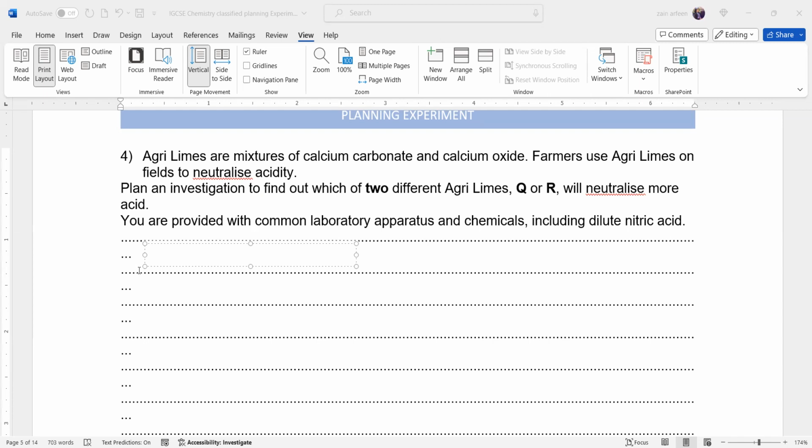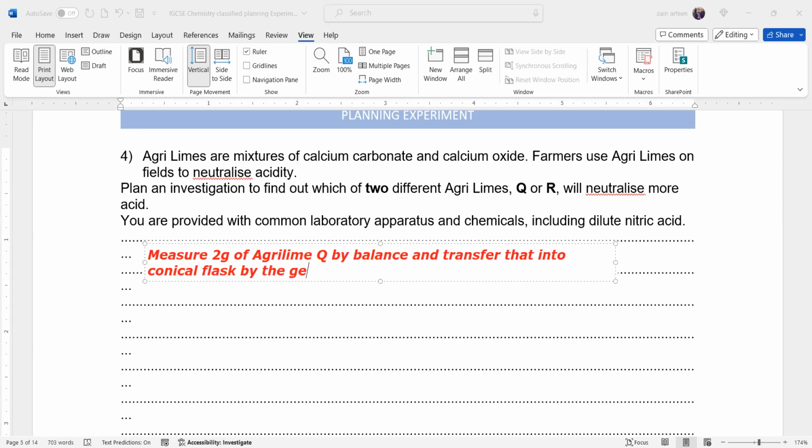So first thing, we will measure, say, 2 grams of Agri Lime Q by balance, and transfer that into a conical flask with the help of a spatula. That is the first thing.